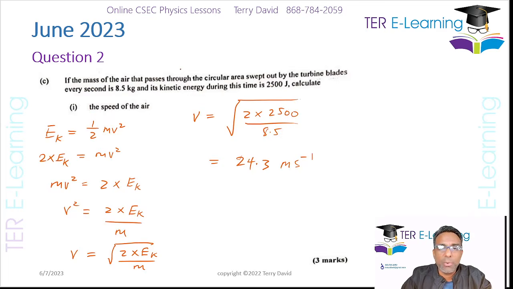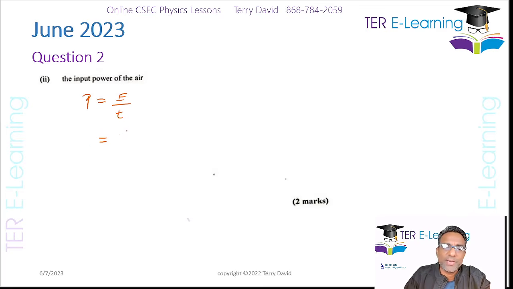If you read the question, they spoke about every second. So all you need to do is take the 2500 divided by 1 second. You're going to get 2500, but you need to give the correct unit, so it's going to be watts. So it's 2500 watts. That's the input power into this thing here.